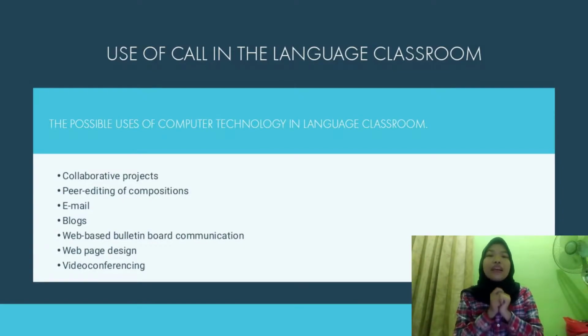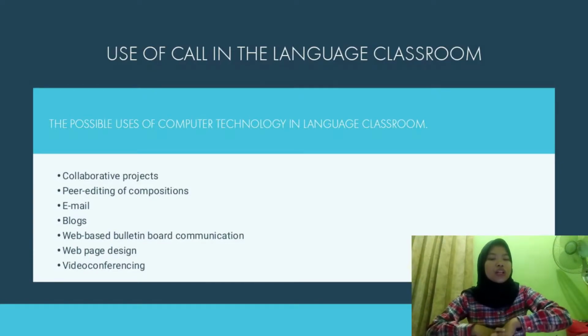Teachers have used email communication for such things as dialogue journals with students, and collaboration with other teachers.